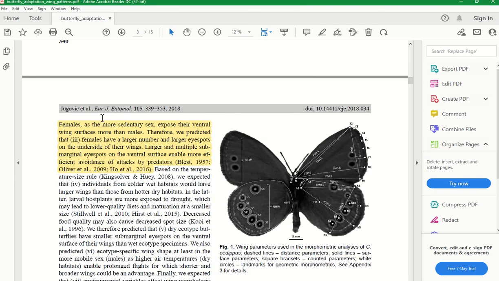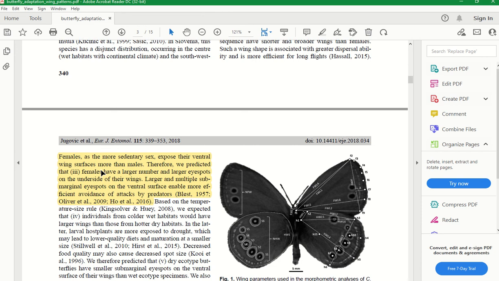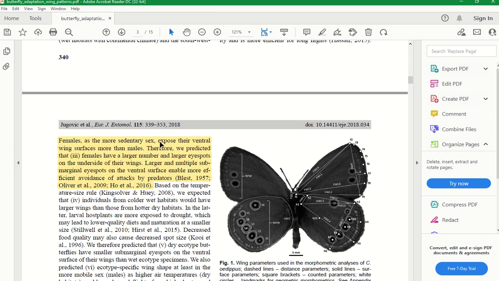And they go on to talk about this species and how males are more likely to disperse in the previous section up here, which I'm not going to read through. But then they talk about how females are a more sedentary sex, so they don't move as much, they don't disperse as much. And as such, they're exposing their ventral wing surfaces more than males. That's because they're sitting around a lot more with their wings folded behind their backs.